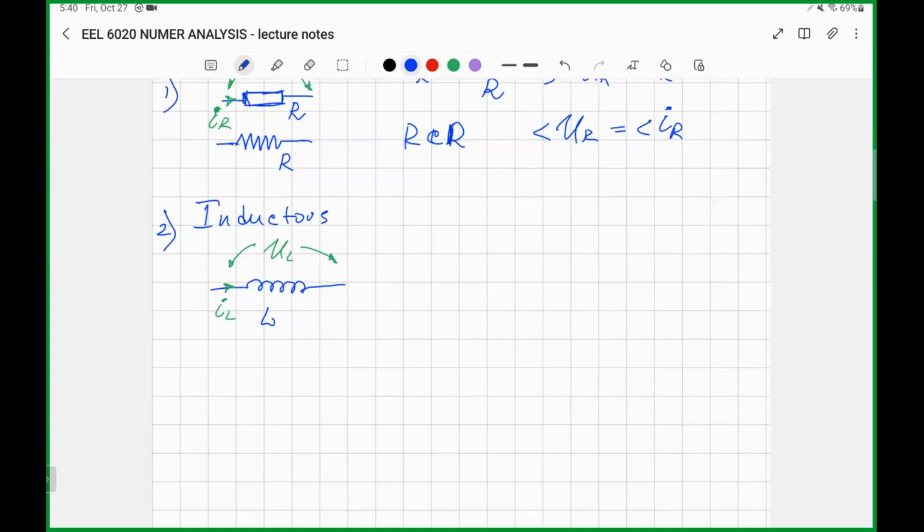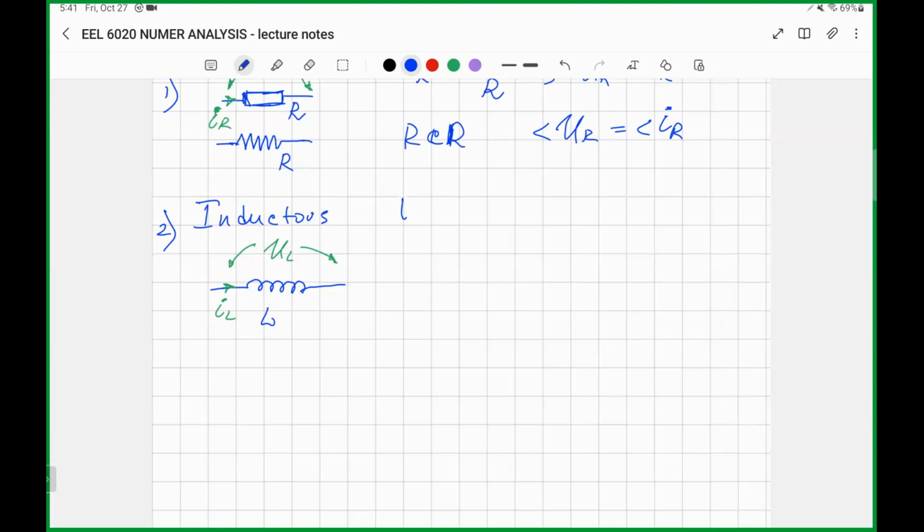Essentially, as I said, an inductor is a coil, and if the current is alternating, the alternating current creates an alternating magnetic field. And when the magnetic field in the coil changes, it induces an electromotive force.